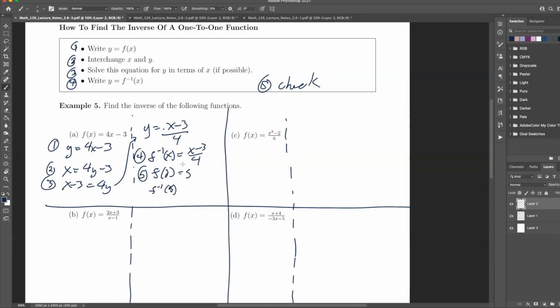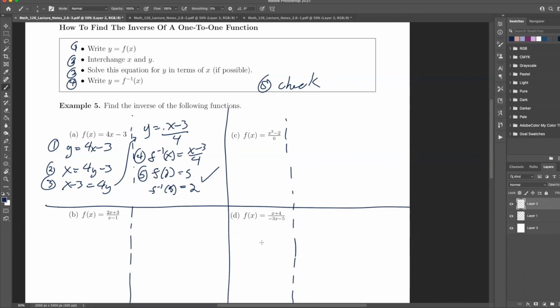Well, f inverse of 5, so we have 5 minus 3, which is 8 divided by 4, which is, oops, 2. Okay, so this checks out. So this is usually how I check it, is I just test the number real quick. You can do composition, but I find if I have that requirement for students to check, they just don't do it, right?